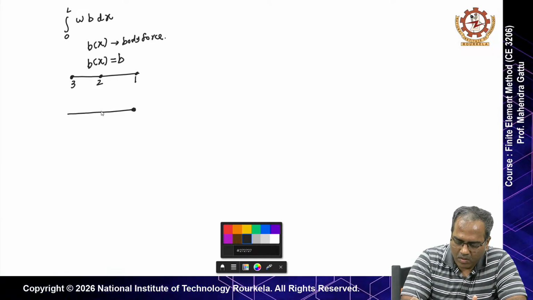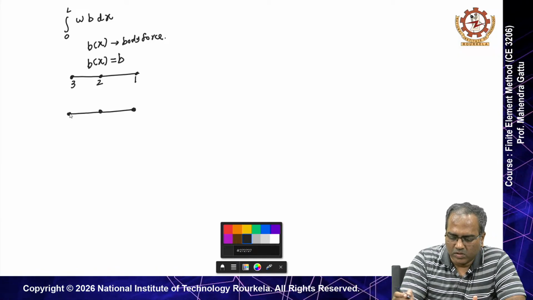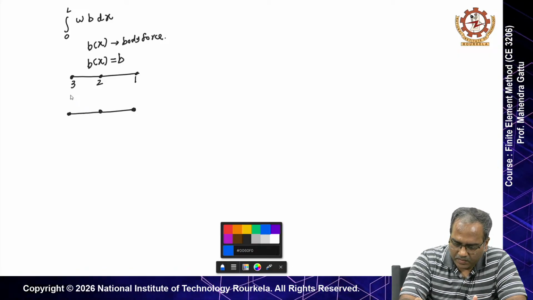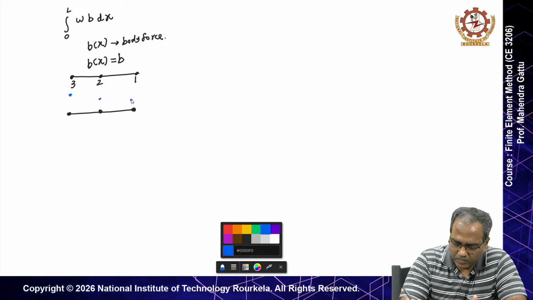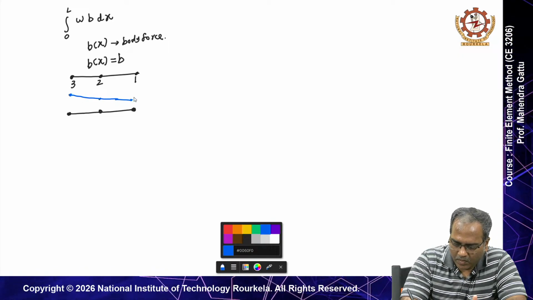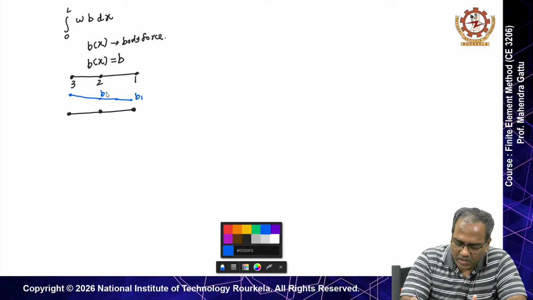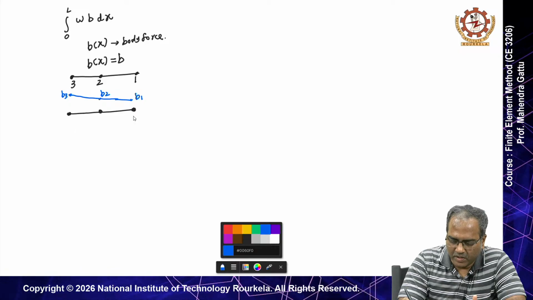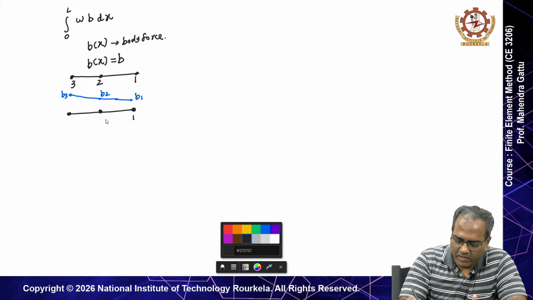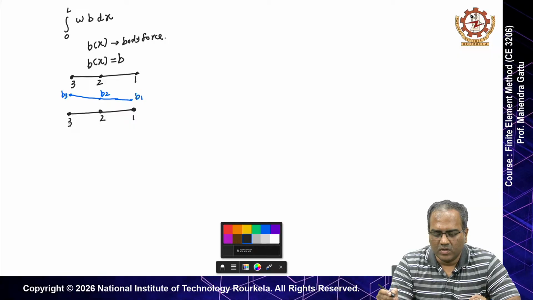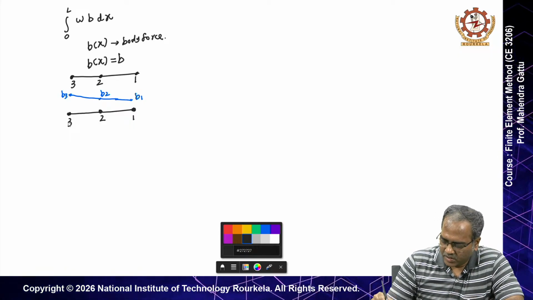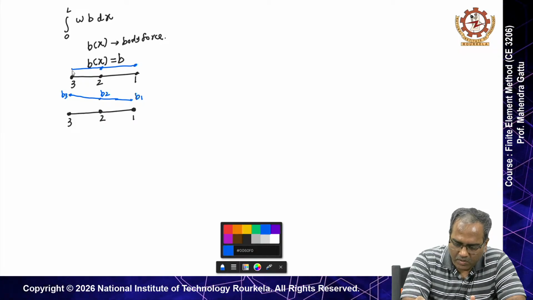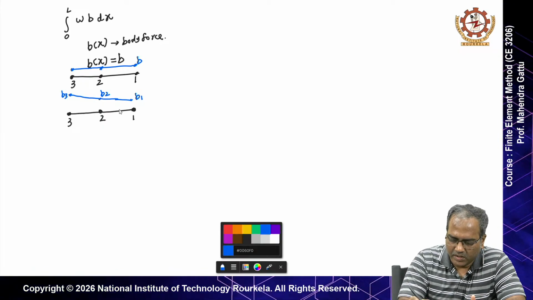We can get some values like this. So at node 1 it is B1, here it is B2 and it is B3. So there is a linear variation between nodes 1, 2 and 3. So we can have a body force vector like this also. Either way, the first case is like this, all three are constant terms equal to B, and the second case is a linear variation.